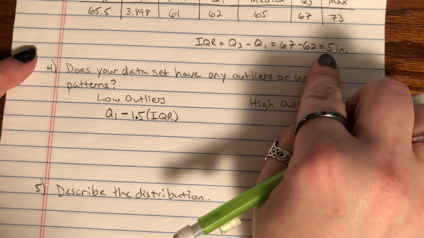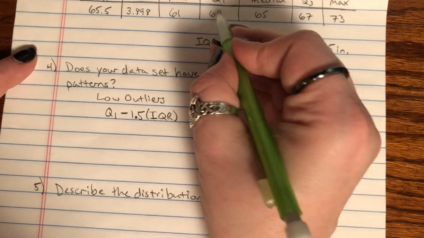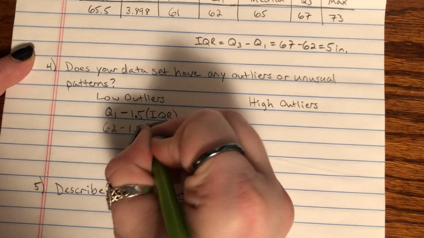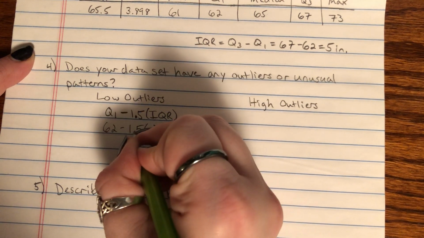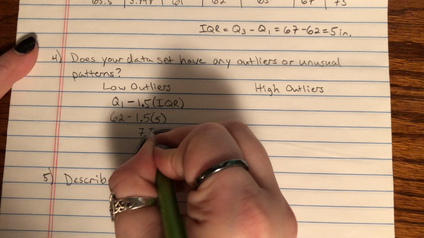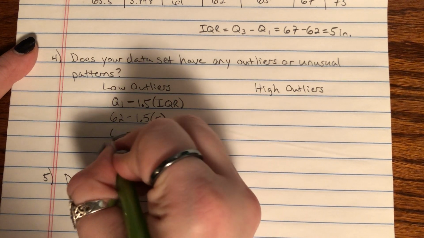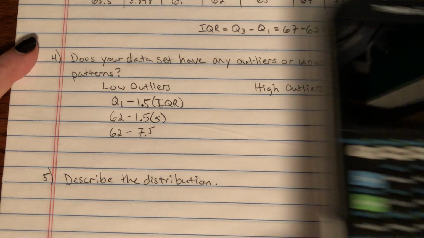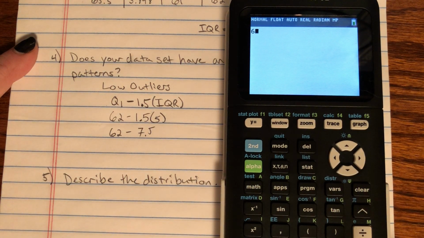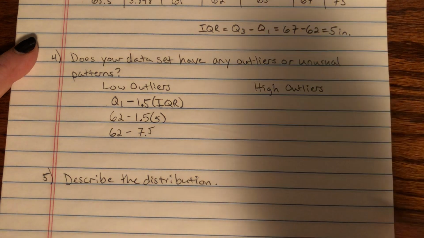All right. Now, if I put this into here and I put my first quartile in here, I have 62 minus 1.5 times 5. 1.5 times 5 is 7.5. And if I subtract that from 62, right, 62 minus 7.5 gives us 54.5.